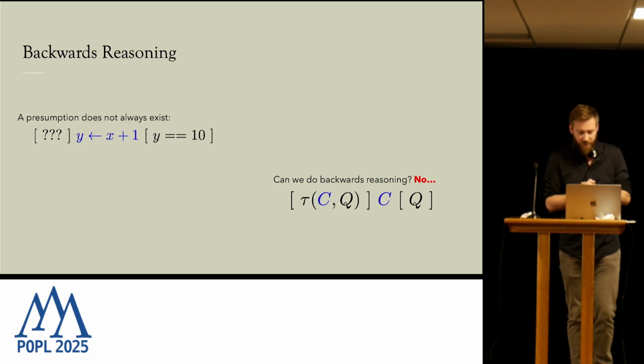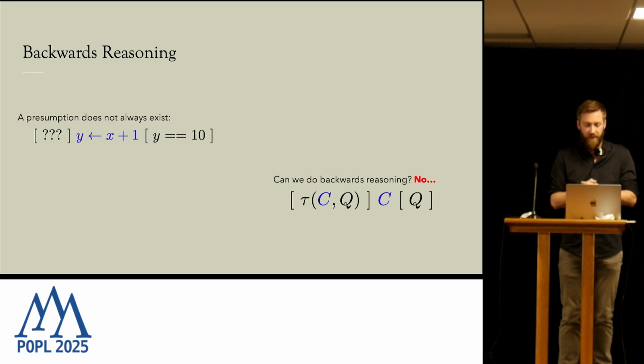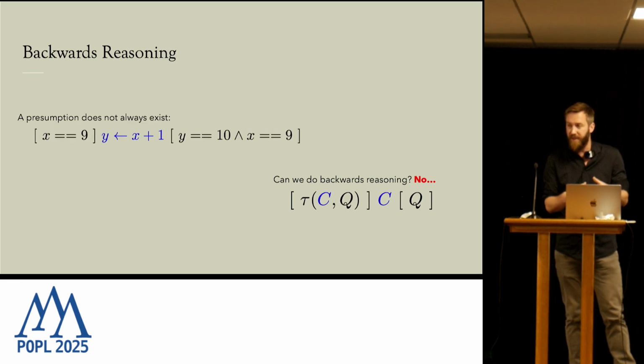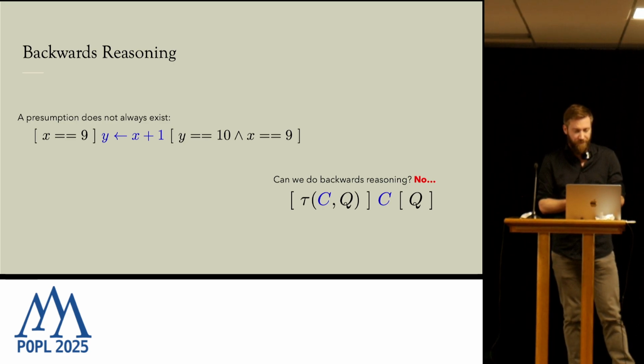If I would want to prove that states where y is 10 are reachable using incorrectness logic, then I would have to have started with a result y is 10 and x is equal to 9, and then I could show that these are reachable from a state where x is equal to 9.